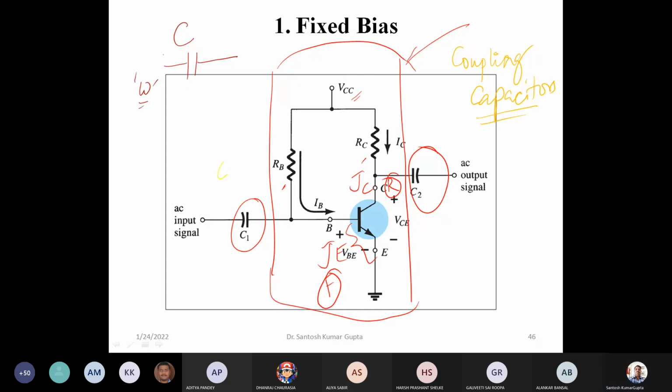Then the impedance, say Xc, offered by this capacitor, we can write as 1 upon j omega C, where omega is 2 pi f. F is the frequency in hertz, whereas omega is in radian per second.